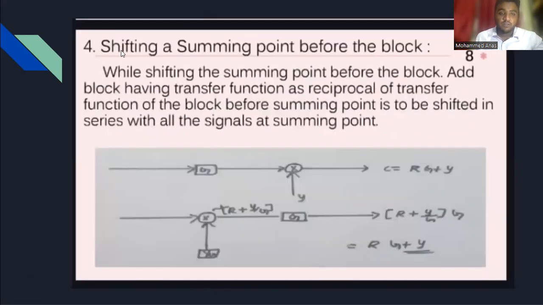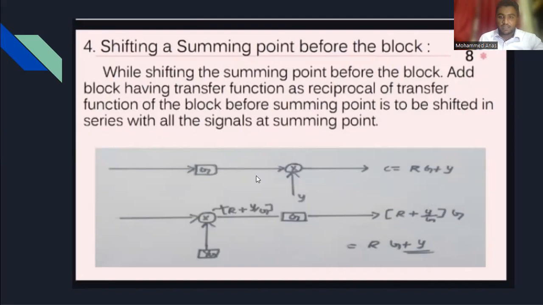Now here, for shifting a summing point before the block, we shift this point before the G. By shifting the summing point before the block, the added block has a transfer function that is the reciprocal of the transfer function of the block. It is to be placed in series with all the signals at the summing point.